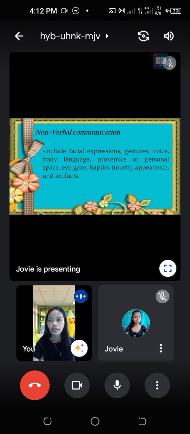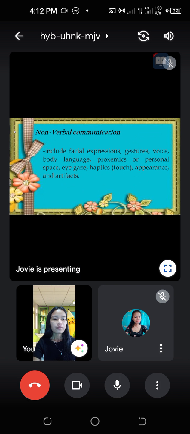Next is nonverbal communication. It includes facial expressions, gestures, voice, body language, proxemics or personal space, eye gaze, haptics or touch, appearance, and artifacts.